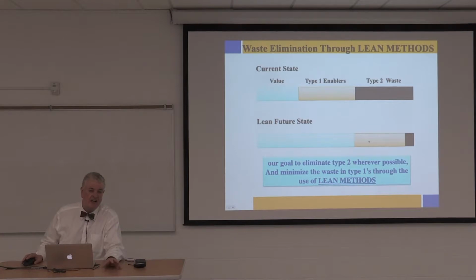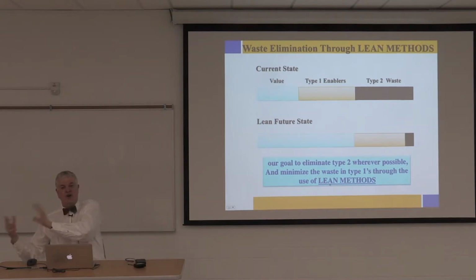They're not value added tasks, but they're necessary. You still have to do them until you lean out the process or do some re-engineering. Our goal is to eliminate type 2 wherever possible and minimize type 1. Okay, so it's not a black and white thing. It's not that you only have value added or non-value added. There are processes and activities that you conduct which you couldn't consider value added, but they're necessary the way your system works.